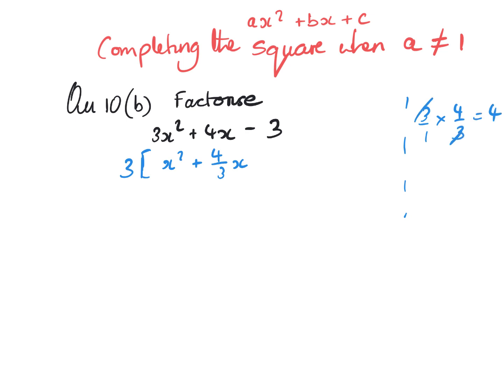So because I'm taking 3 out, 3 divided by 3, if you like, is the same thing as 1. And it's the bit inside that now I'm going to factorise by completing the square. You can see that I have actually made it monic.